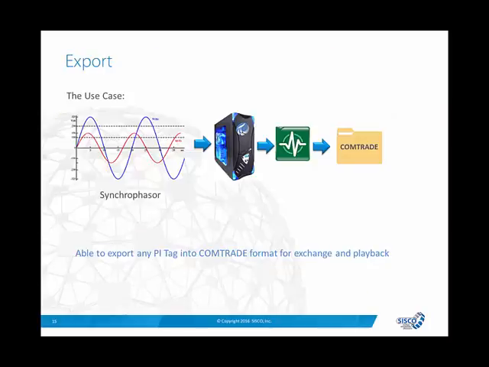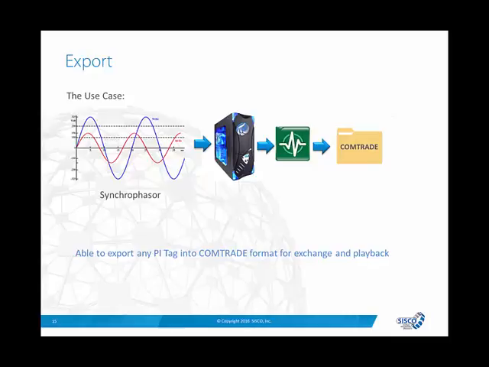There's a use case in the United States for synchrophasors where the synchrophasor information is captured and archived. However, past history of the synchrophasor information needs to be exchanged to other utilities. The COMTRADE file format has been selected by several coordination councils to be used for this purpose.